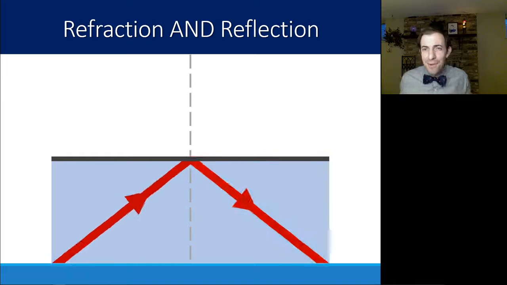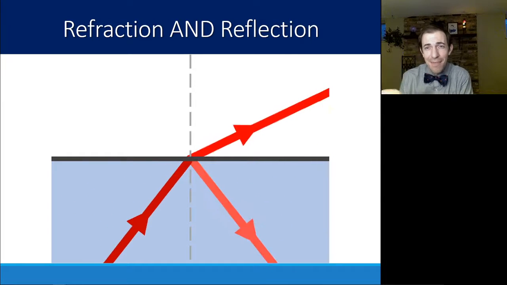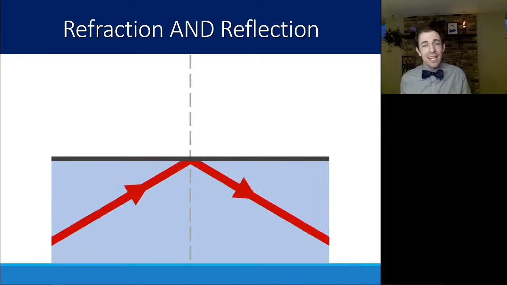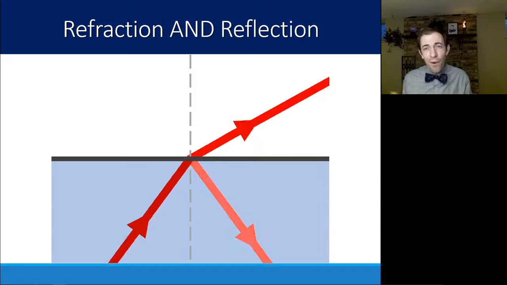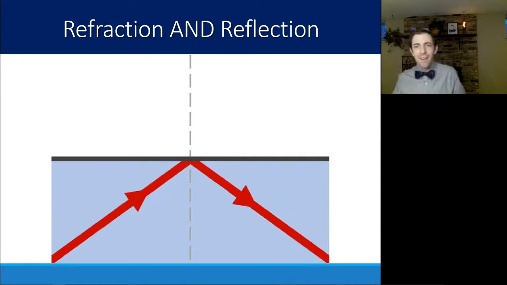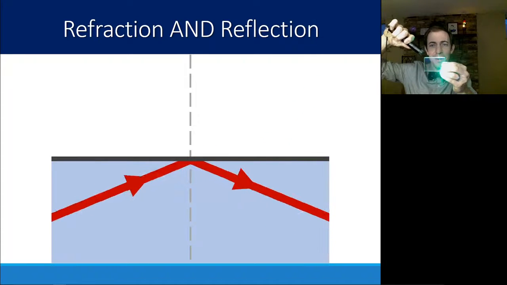Now, so far, when we've been looking at this, all of the light has gone through and bent. But in reality, there is a lot of light that reflects before the bend happens. I have an example here of this laser trying to go into this acrylic block.